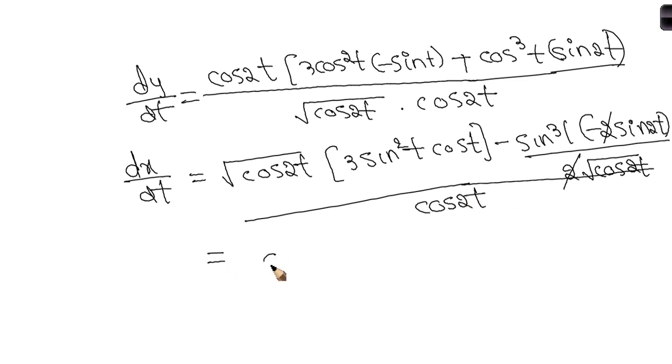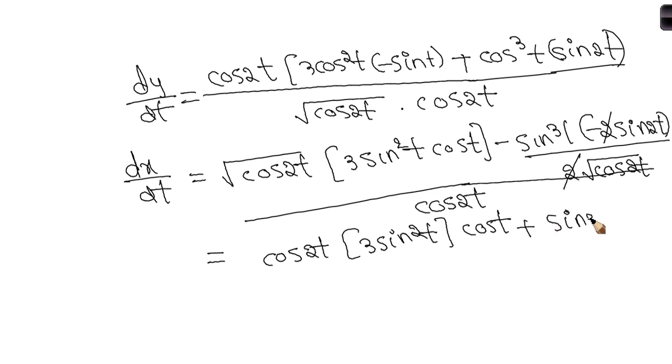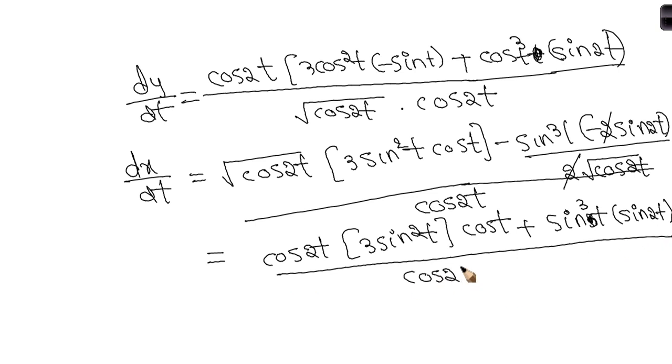If we simplify this, we get cos 2t into 3 sin square t into cos t, minus into minus, which would be plus sin cube t into sin 2t, upon cos 2t into root of cos 2t. Major task is done.